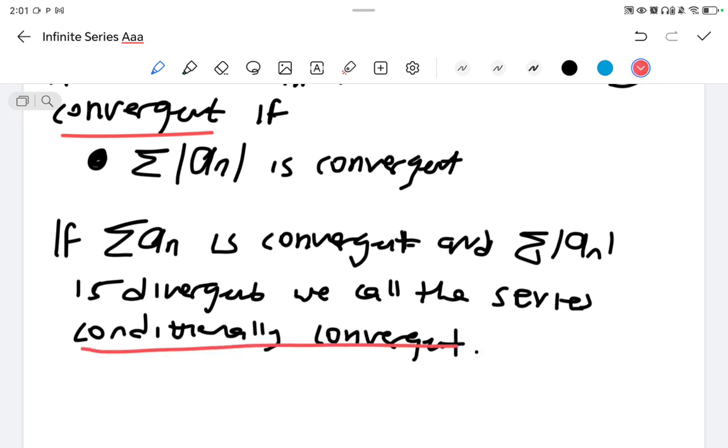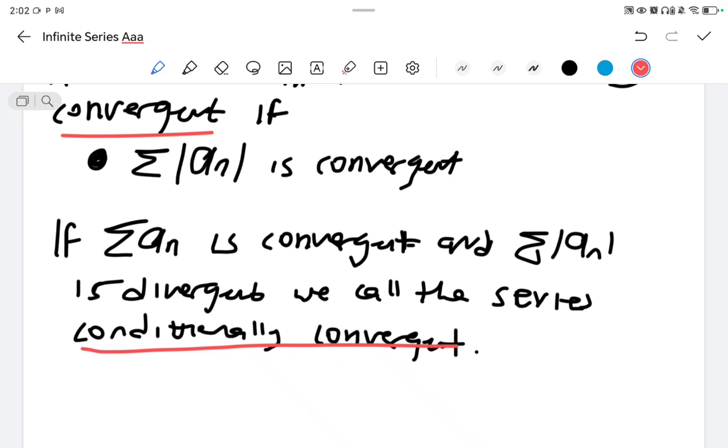If you take the normal series, you find that it is convergent, but its absolute value series is divergent. Then you can tell that that series is conditionally convergent.